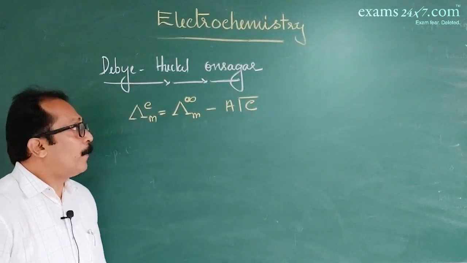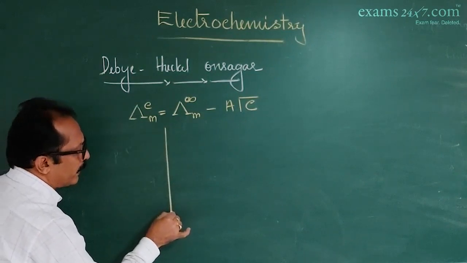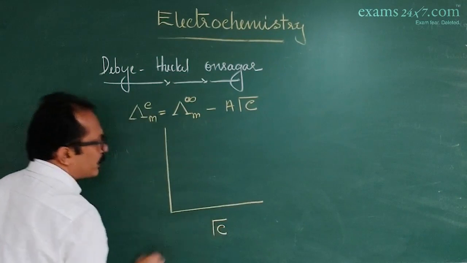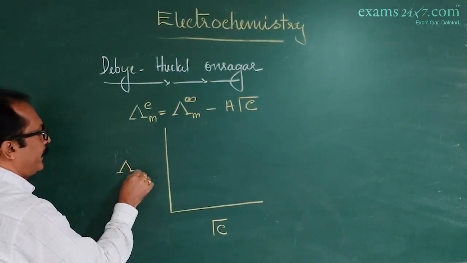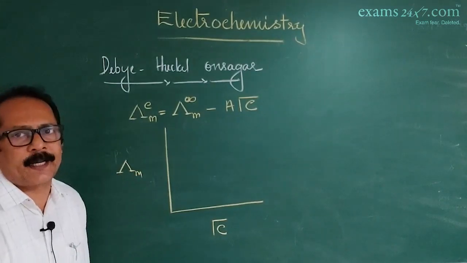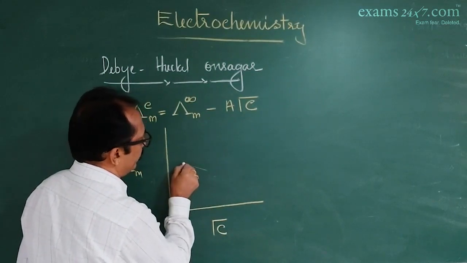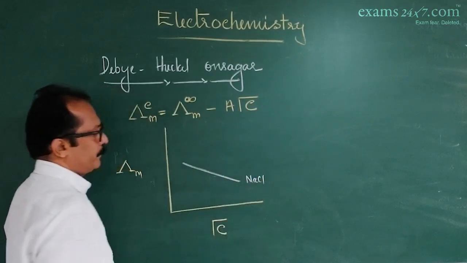Now, when you plot the graph of molar conductance against the concentration of the electrolyte, a strong electrolyte gives a straight line. This is for NaCl, sodium chloride.